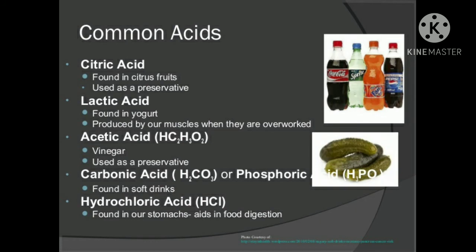Acetic acid, that is also known as vinegar, is used as a preservative. Carbonic acid or phosphoric acid are found in soft drinks. Hydrochloric acid, that is HCl, is found in our stomach.